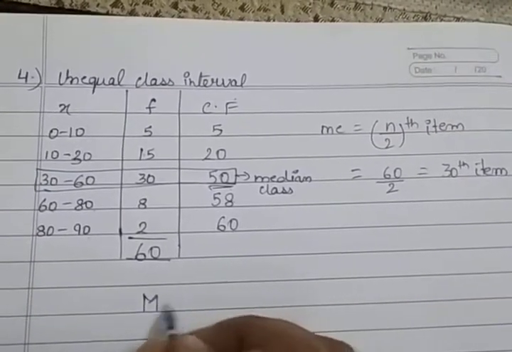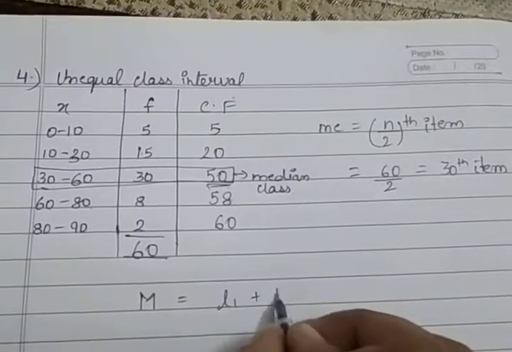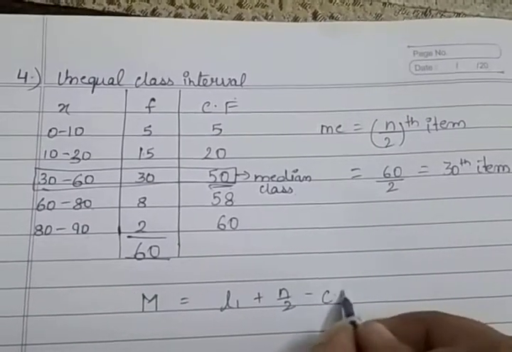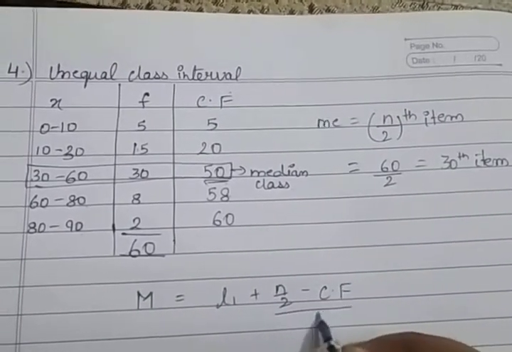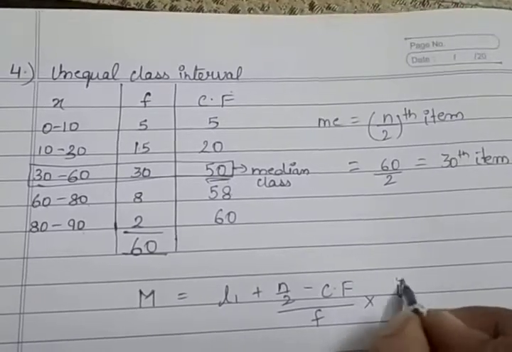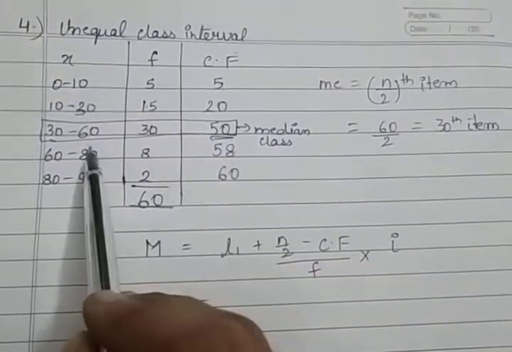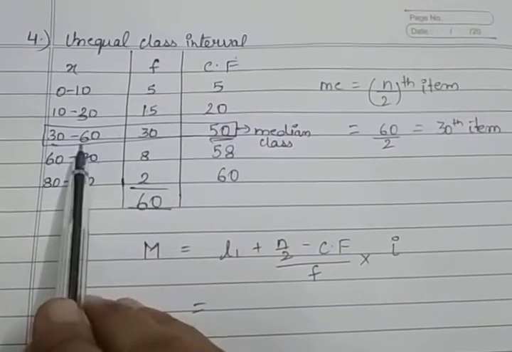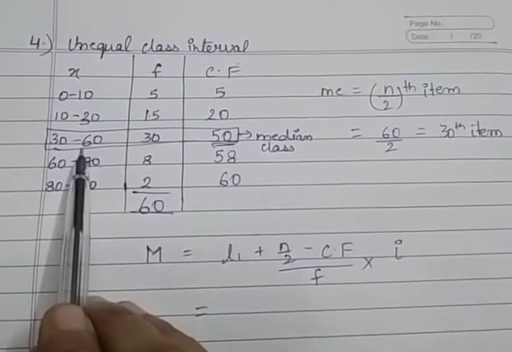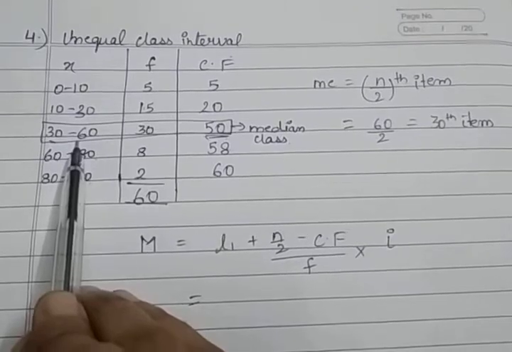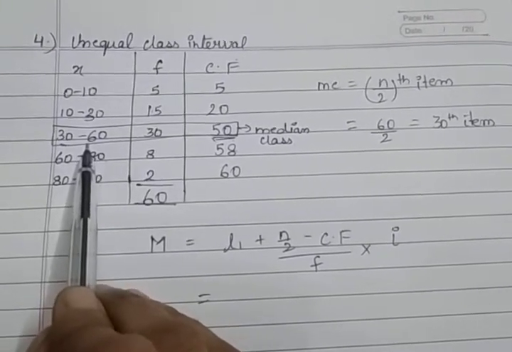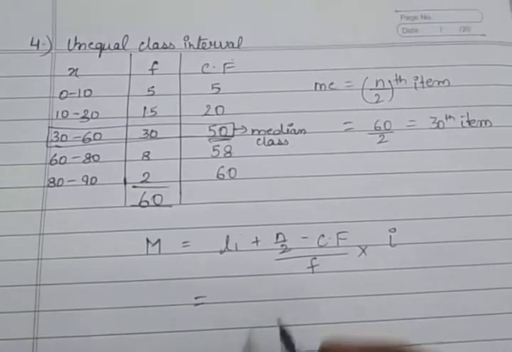Now we have to put the values in the formula. So your formula is L1 plus n upon 2 minus CF upon F into interval. So now you have to focus on the median class. What is the class interval over here that we are going to put? There is no need to change the class interval or to equalize the unequal class interval. So first of all, L1 is 30.